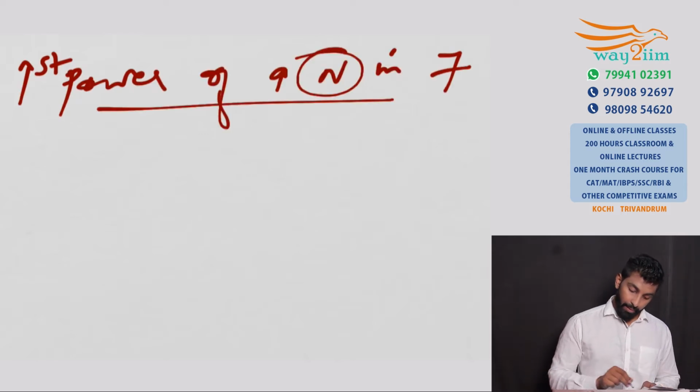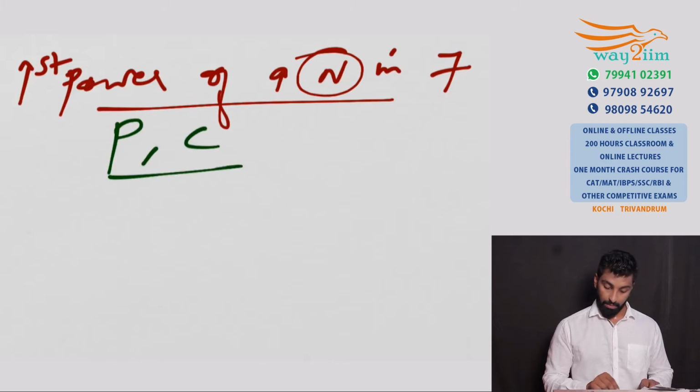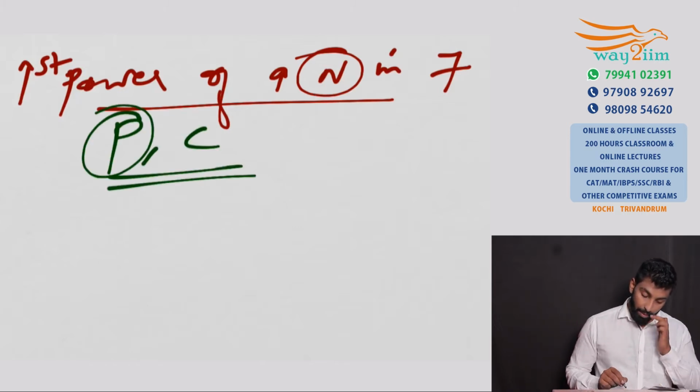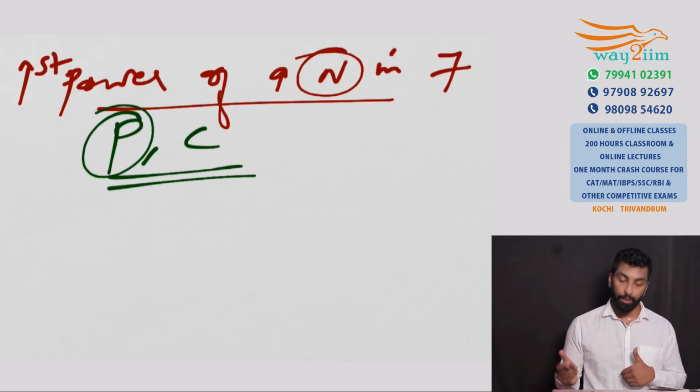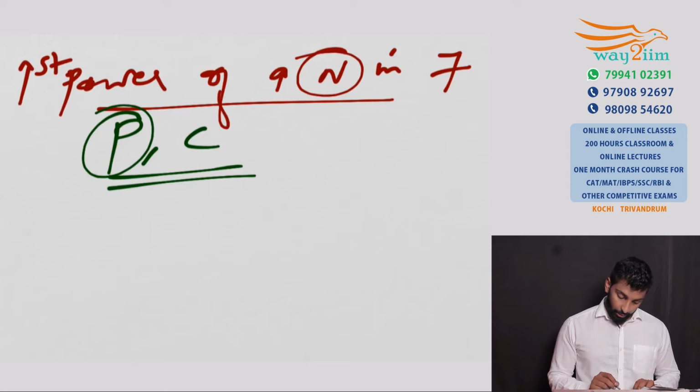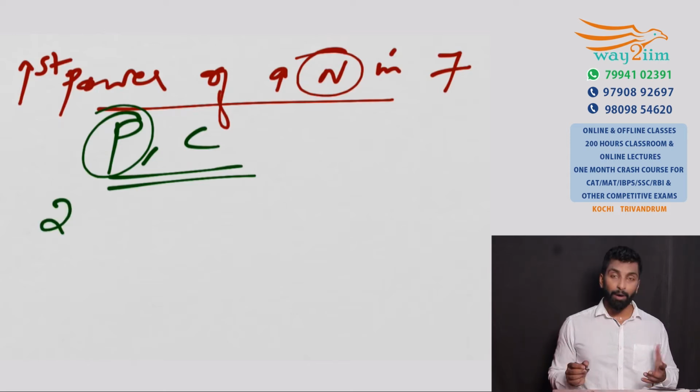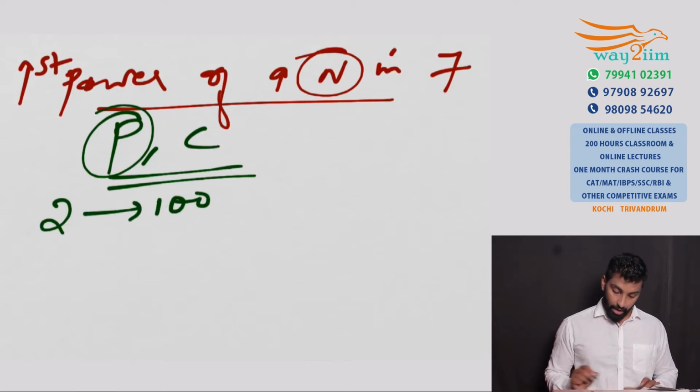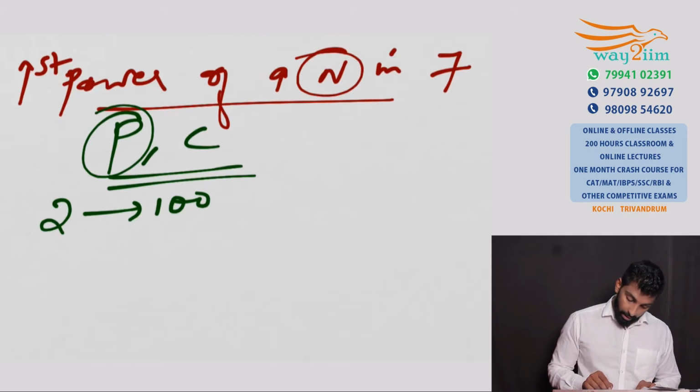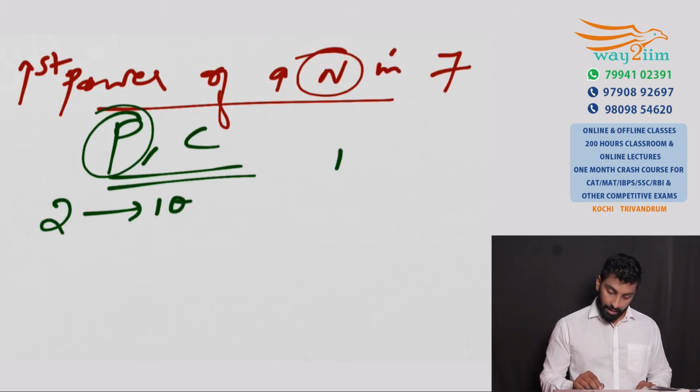When I say number, there are two types: prime numbers and composite numbers. Let me start with prime numbers and we will extend that method to composite numbers. If you need to find the highest power of 2 in, let's take a smaller number, 10 factorial, you do 10 divided by 2, you get 5.